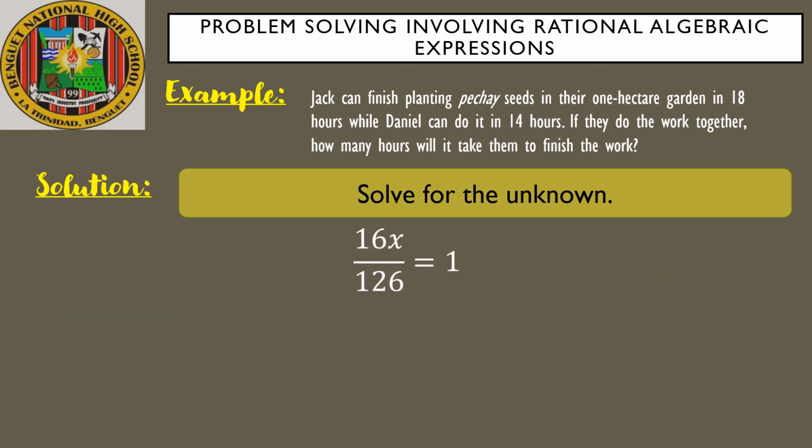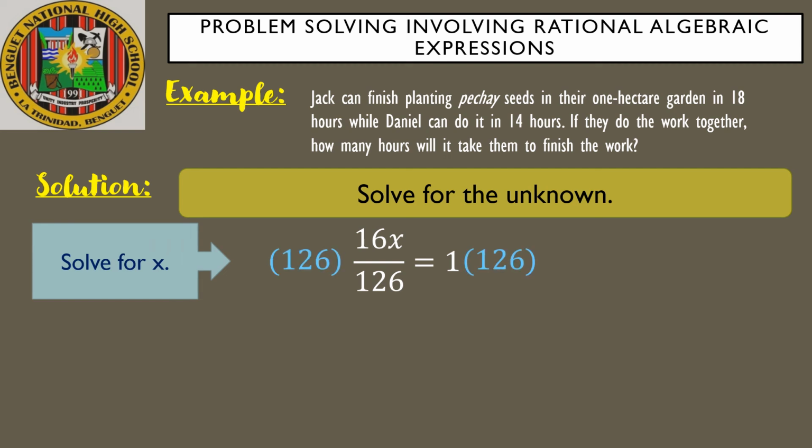From this equation, we solve for x by multiplying 126 on both sides of the equation to get the equation 16x equal to 126.